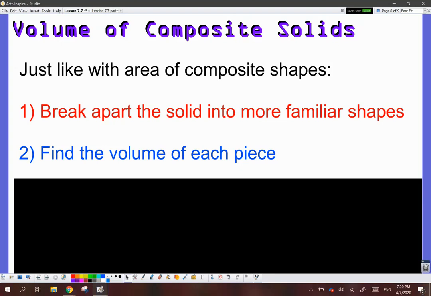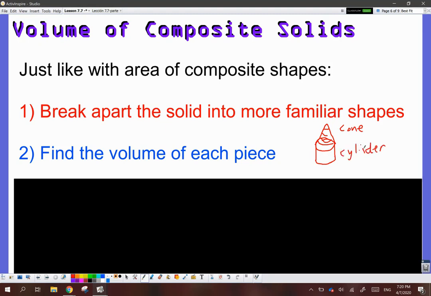Say, for example, that I have a solid made up of a cylinder with a cone on top. So if I have a cylinder with a cone on top, then I recognize that there's 2 shapes here, a cone and a cylinder.